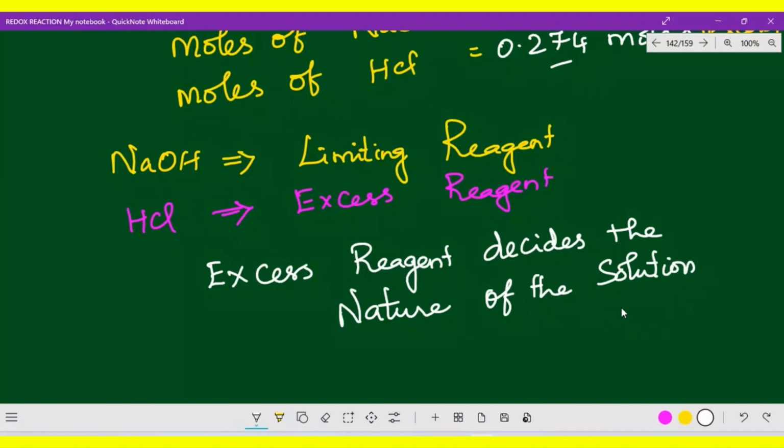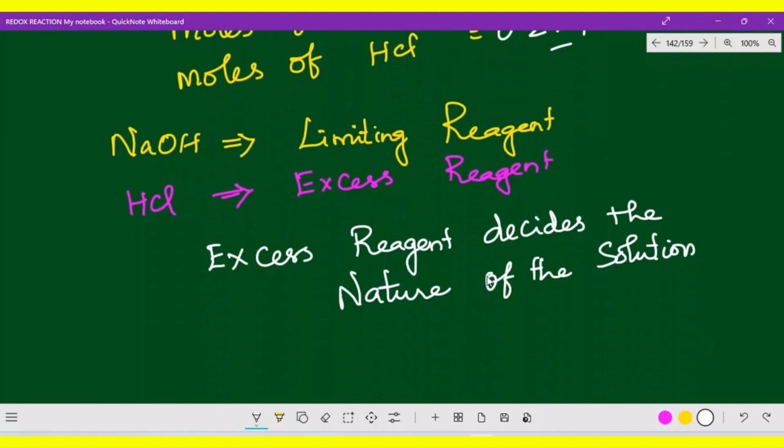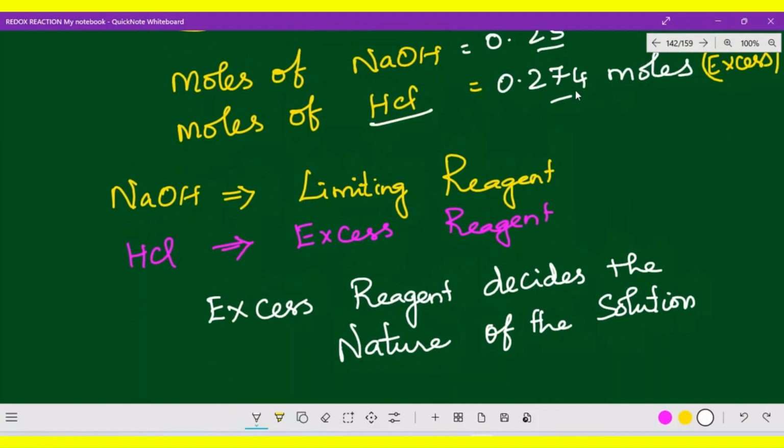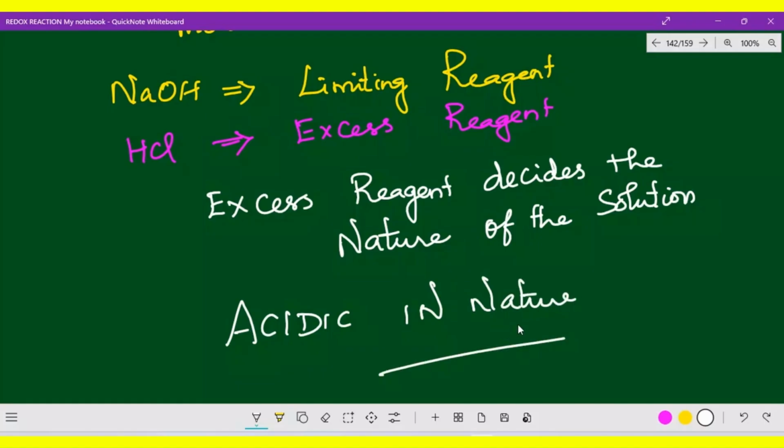Now I think you got an idea of what the nature of the solution is. The solution is acidic in nature. Why? Because HCl has 0.02 excess. So this is acidic in nature. I hope you got the clarity, right?